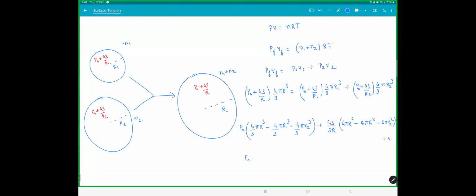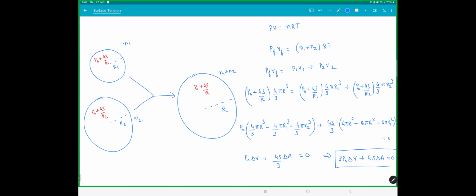So this will be P naught into change in volume plus 4S by 3R into change in area, and R will cancel, is 0. There, this is the relation, everyone. So 3 P naught delta V plus 4S delta A is equal to 0.